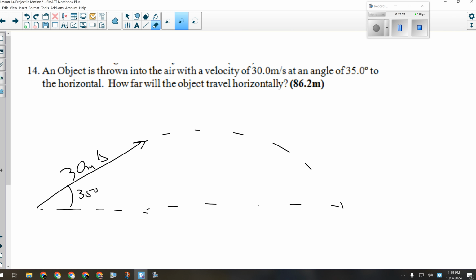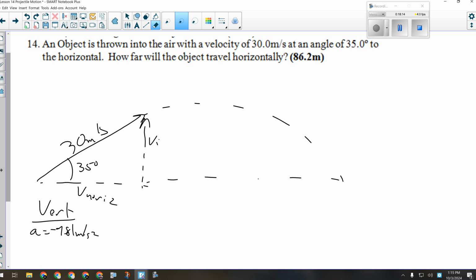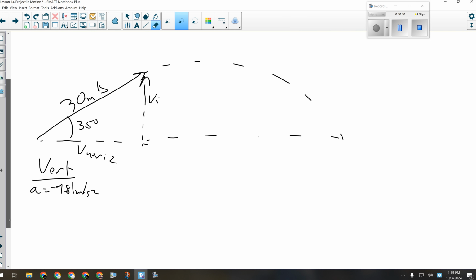Okay, so we'll have our usual, this side is VI, this side is V horizontal. Vertically speaking, we know A is negative 9.81 meters per second squared. We can calculate VI by going to sine of 35 times 30.